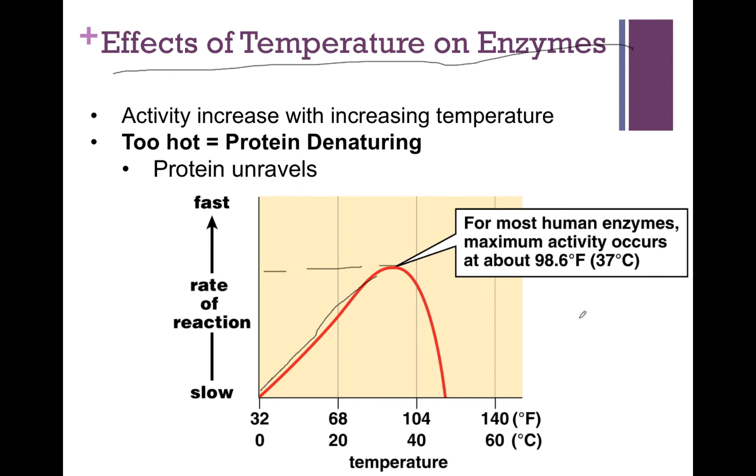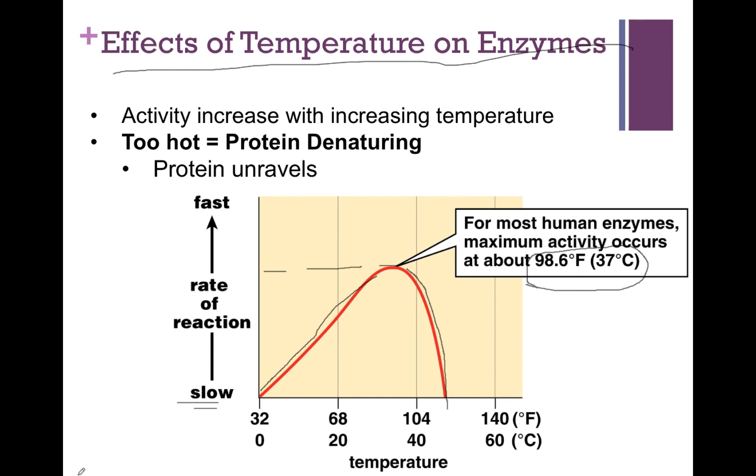In our bodies, and in general, the ideal temperature for enzymes is 37 degrees Celsius or 98.6 degrees Fahrenheit. So most human enzymes prefer this temperature. However, notice this. As it gets hotter and hotter, what's happening? The reaction is slowing down and actually stopping.